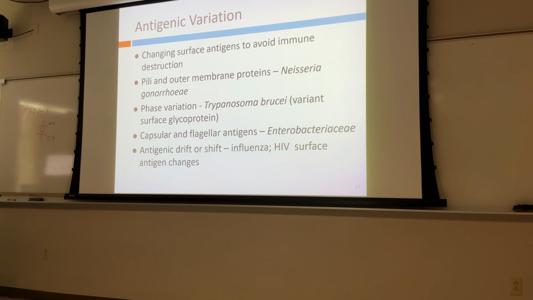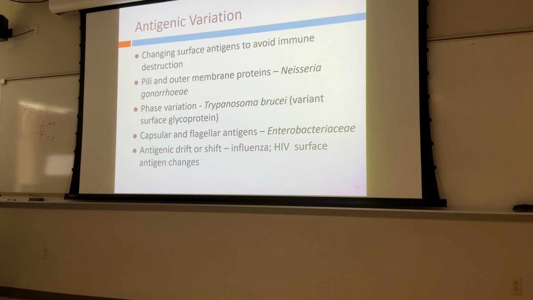Most other things that we talk about, differences in surface antigens to escape and get around recognizing antibodies, it's just changing the relative ratio of things. So it might make protein 1 on its surface, it starts to decrease the expression of protein 1, so it makes a little bit of it, and then it starts to make more protein 2.